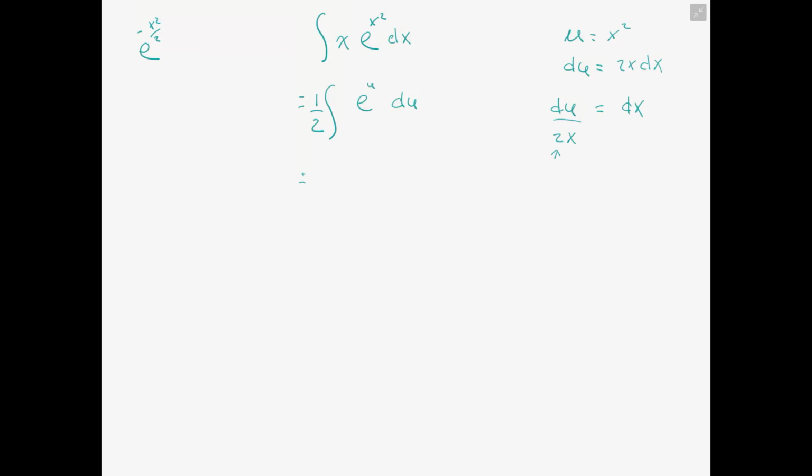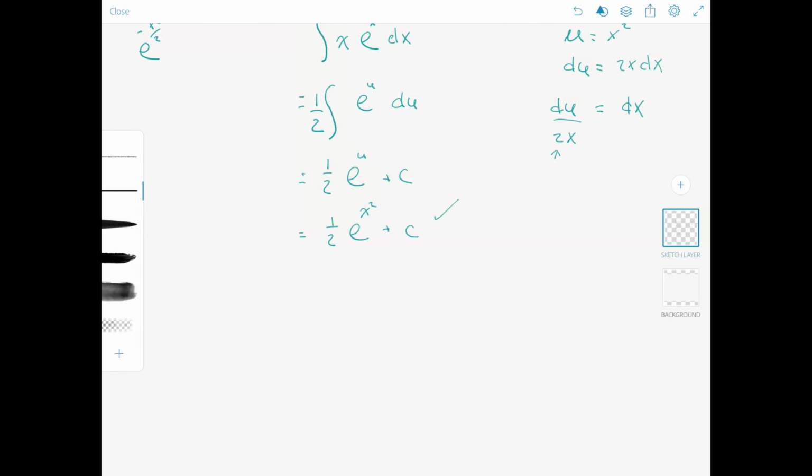And the x's cancel. So here we've got 1/2 e to the u plus c. And now we substitute back in 1/2 e to the x squared plus c. And that is the answer.